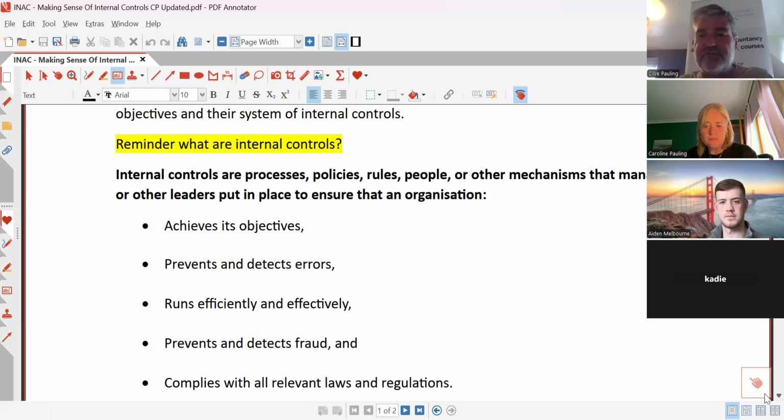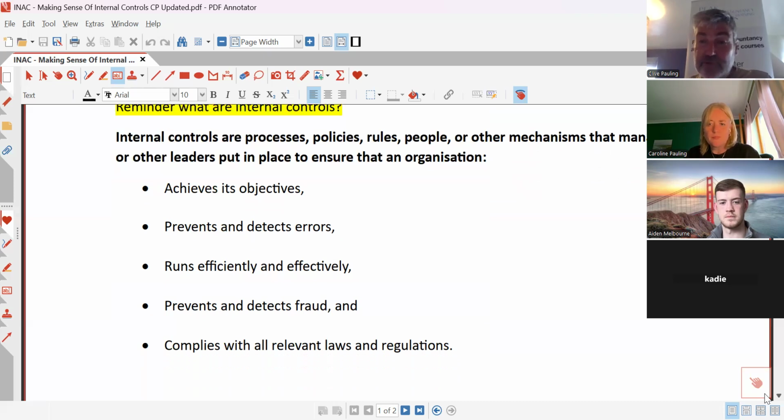And what does it want to achieve? I've got a list here in the notes. Well, we want to achieve our objectives, whatever they may be. We want to make sure that errors are, as far as possible, eliminated. You can never eliminate anything, but you can reduce them down to an acceptable level. So we need to be able to prevent and detect error.